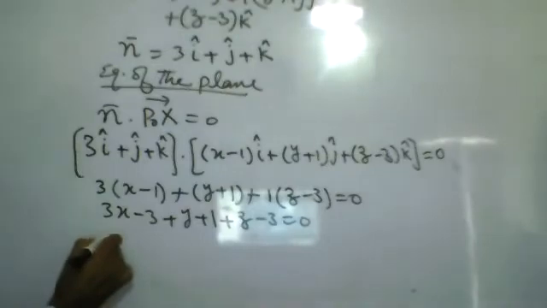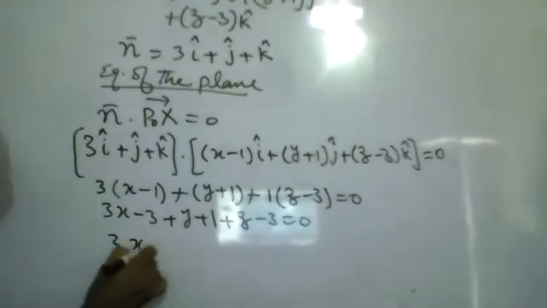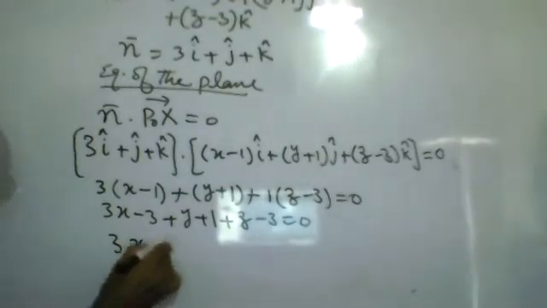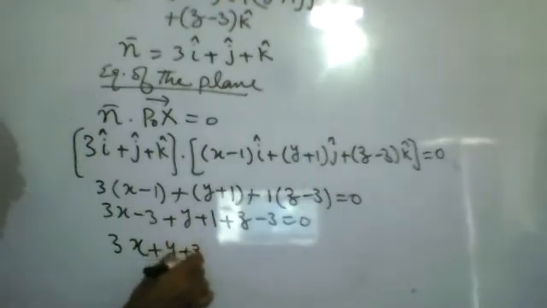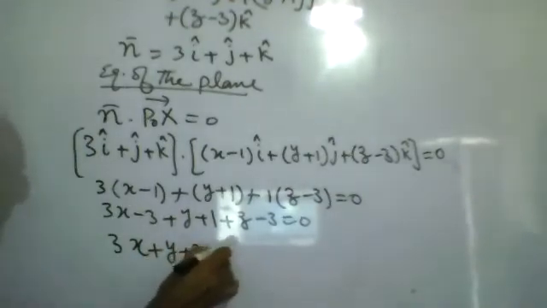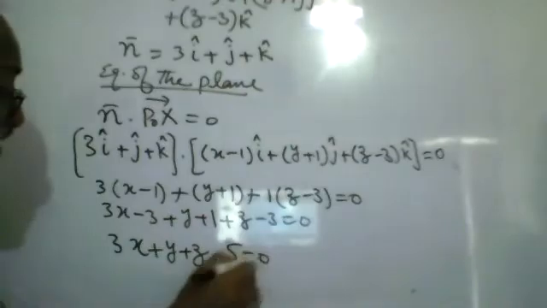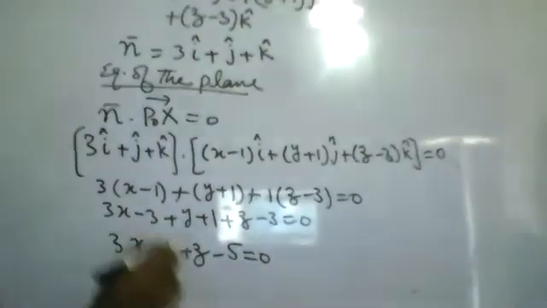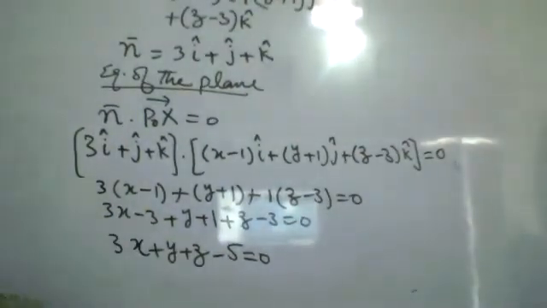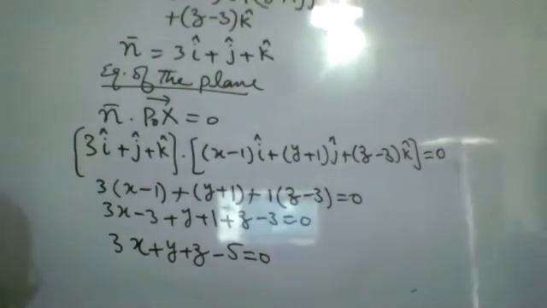Simplify, it will become 3x plus y plus z minus 5 equal to 0. This is the required equation of the plane. 3x plus y plus z minus 5 equal to 0.